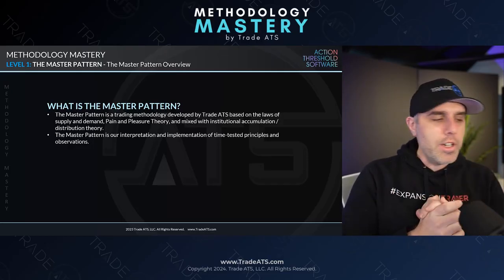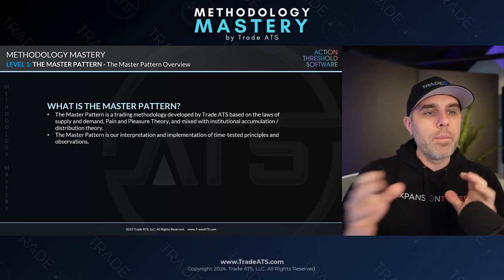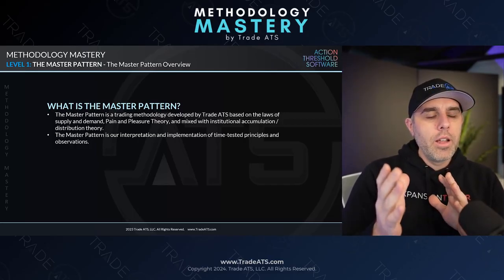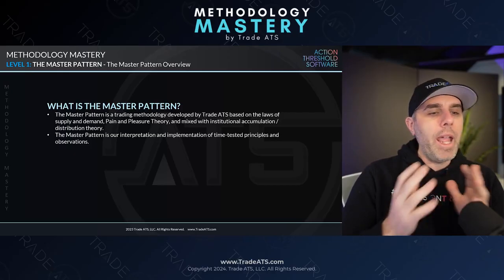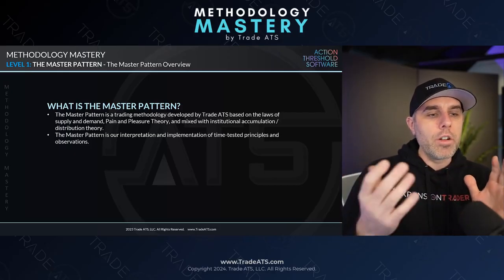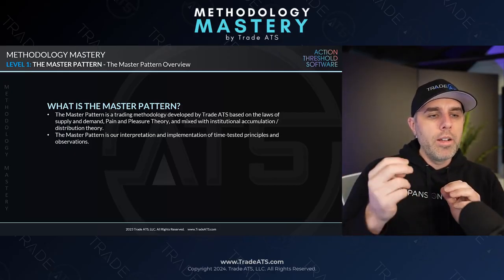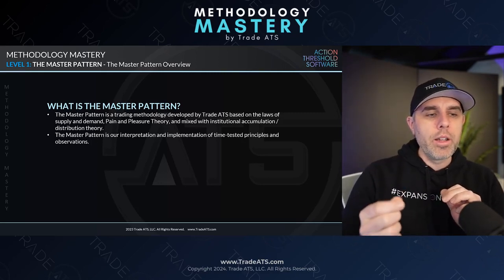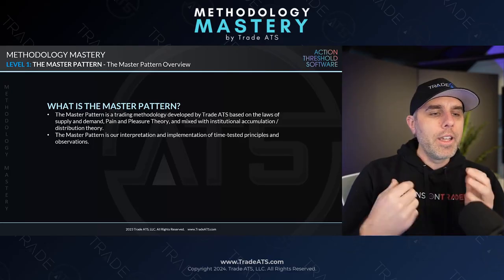So just my interpretation. But my spin on this was pain and pleasure, is that fear and the pain that comes with fear when things start to happen to you is what creates automatic behaviors in the form of transactions in the market. Moving your stop up tight, getting out of the market.